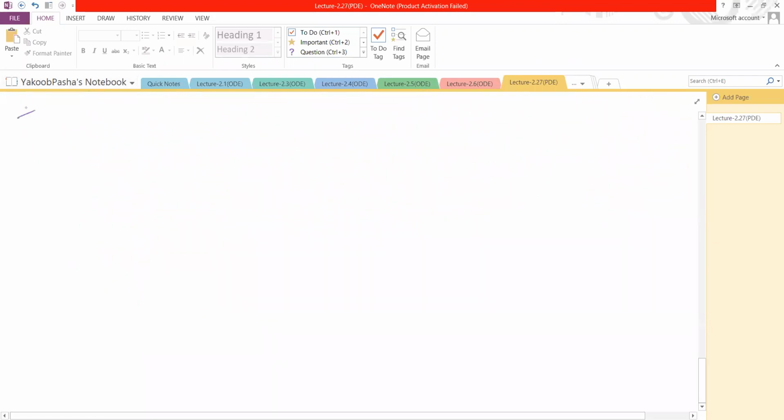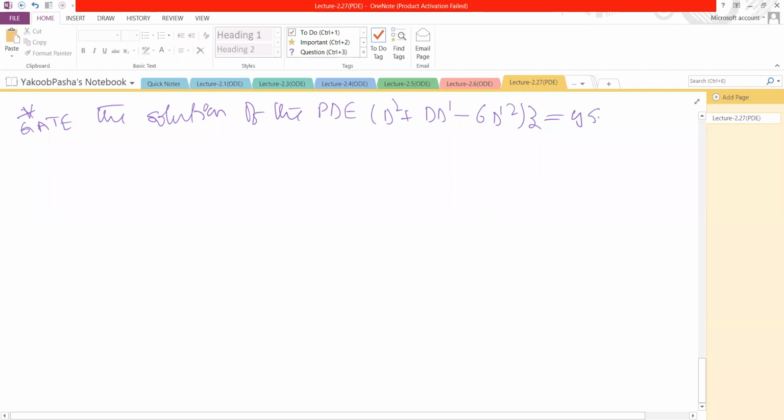Get the solution of the partial differential equation PDE D square plus D dash minus 6D dash square of z is equal to y into sin x. Okay, y into sin x. Already మనం previous గా y into cos x problem చేసామండి. That is set problem and real problem.